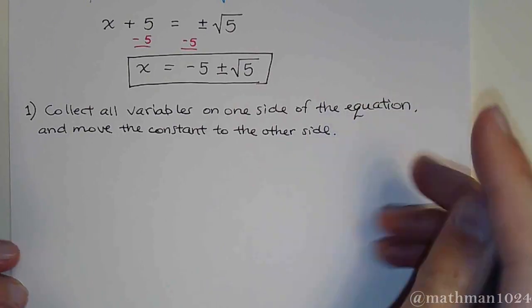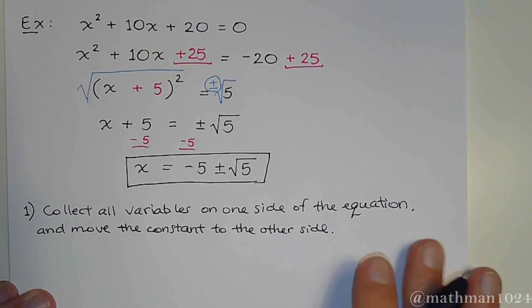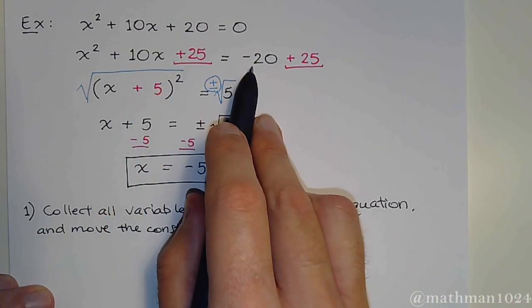And you see that that's what we did up here. The first thing we did was to move the 20 to the other side.